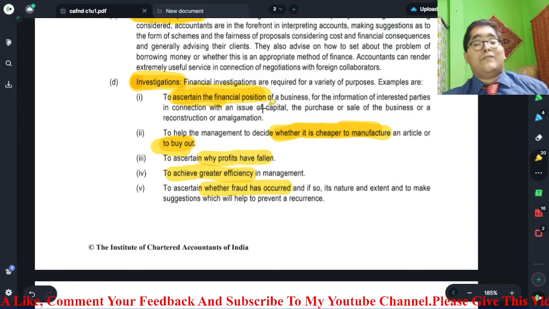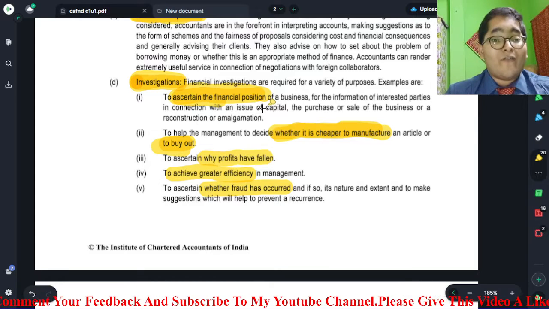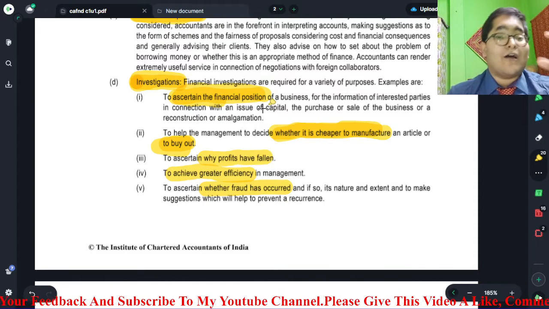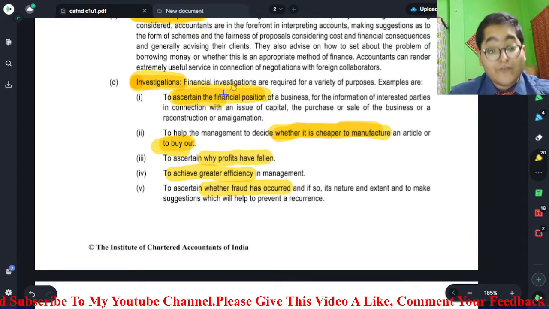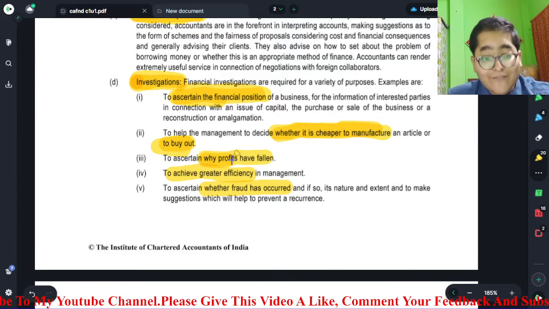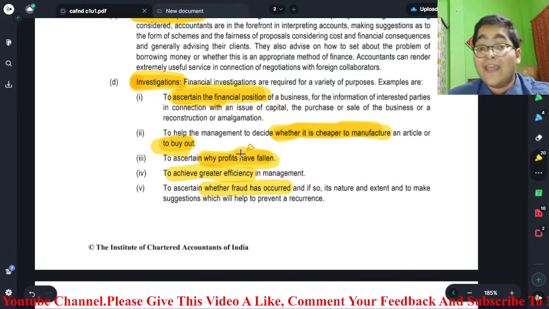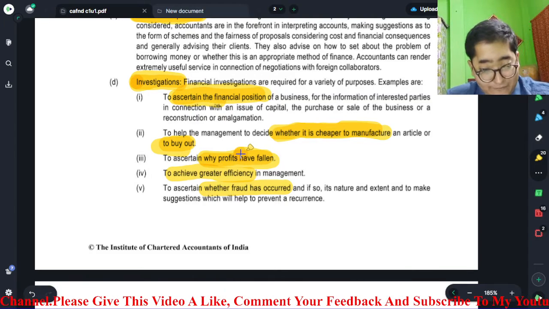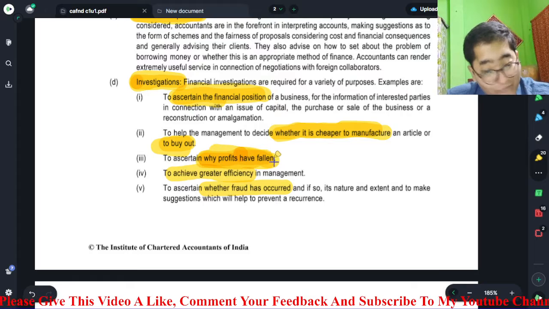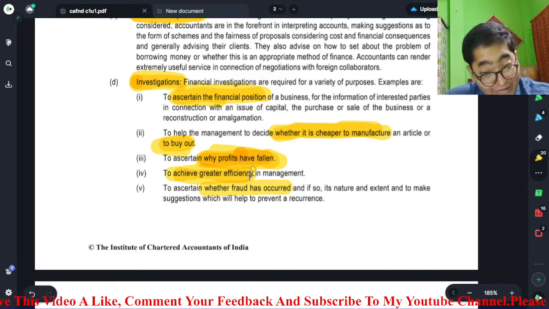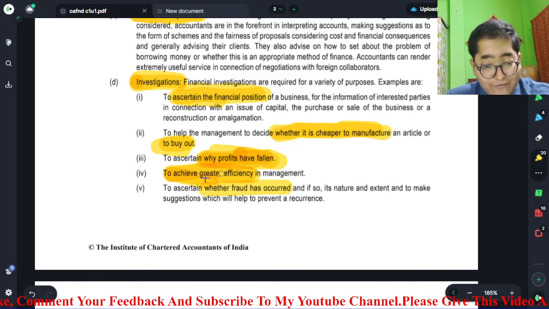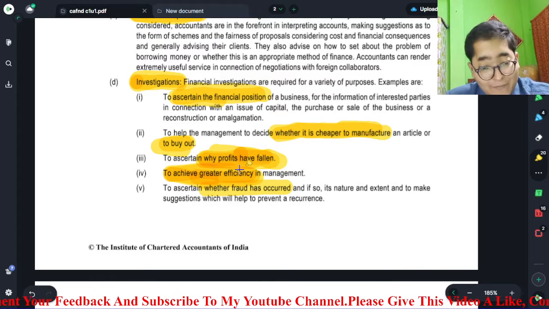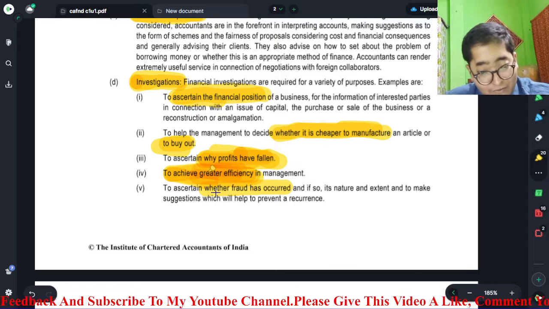Whether a business would be profitable in outsourcing a product or service, or manufacturing it within the firm, needs to be investigated. The accountant can investigate why profits have fallen and how to achieve greater efficiency. How can a business achieve greater efficiency? That can be assessed by the accountant.